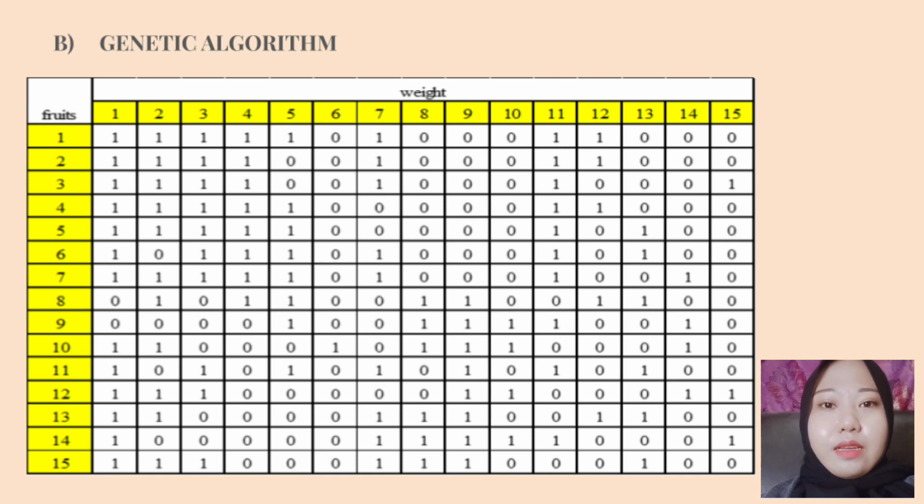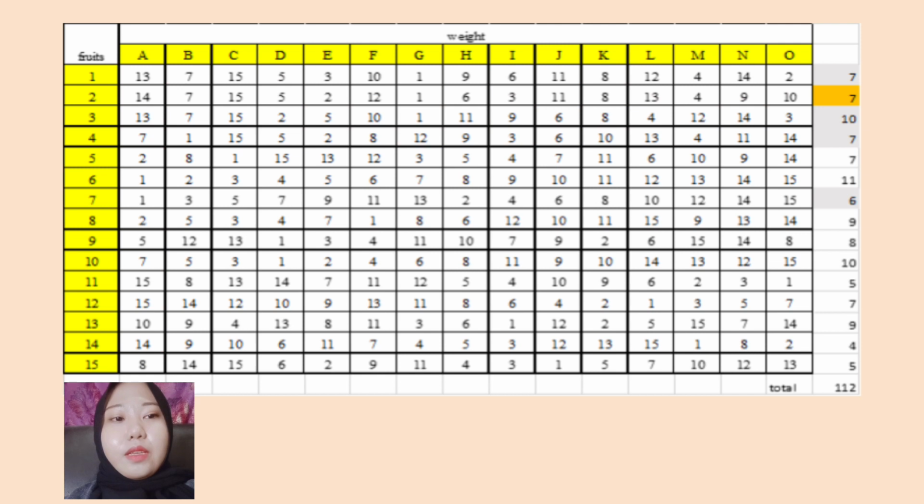Based on the data in the slide, we add more solutions, which is 14 solutions, and another solution is our worst solution. Based on our calculation using Excel, using the genetic algorithm doesn't make any improvement to our solution, so this method is not suitable.